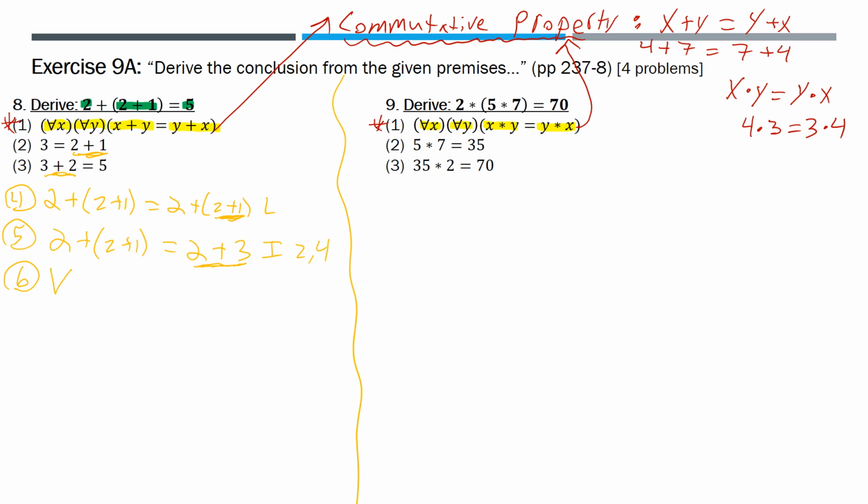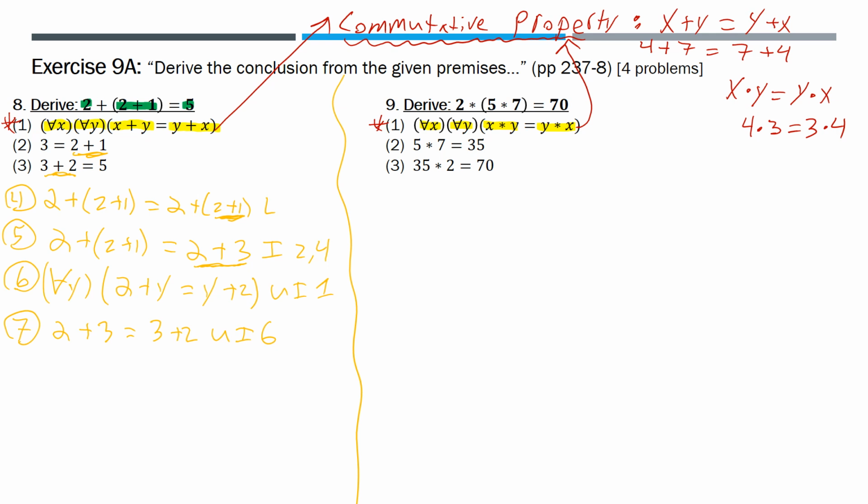We'll say for all y, x will be 2, so we'll say 2 plus y is equal to y plus 2, and that's just the universal instantiation of line 1. For line 7, we'll instantiate the y, so we'll say 2 plus 3 is equal to 3 plus 2 by the universal instantiation line 6.